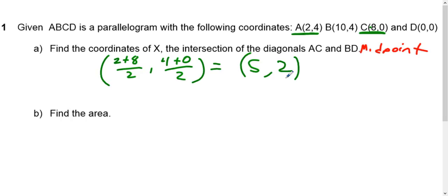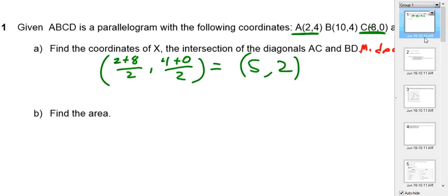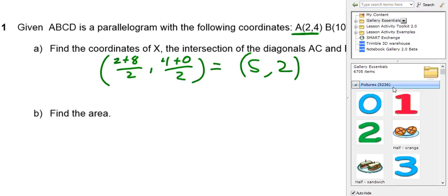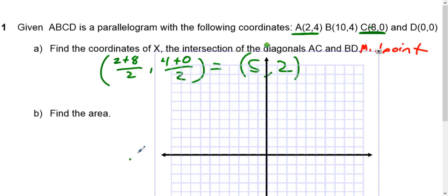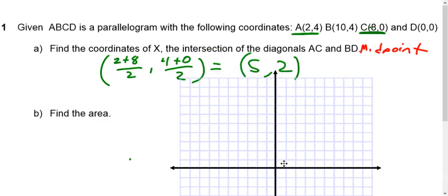To find the area, you're probably going to want to plot them a little bit. It is a parallelogram. The area of a parallelogram is base times height, but the height is perpendicular to the base.